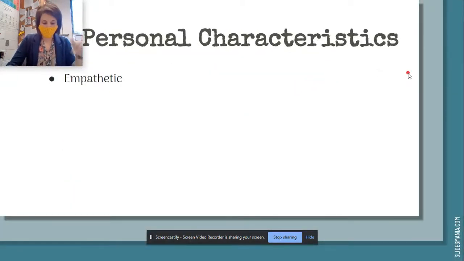So personal characteristics. We're going to talk about these. This is going to be your first assignment. As I talk about this, if you minimize and come out of presentation mode and see your main Google Slides page, down at the bottom, you should have speaker notes just below this slide. I have already typed out all of the words that are on the slide, but each has a little dash and then nothing behind it.